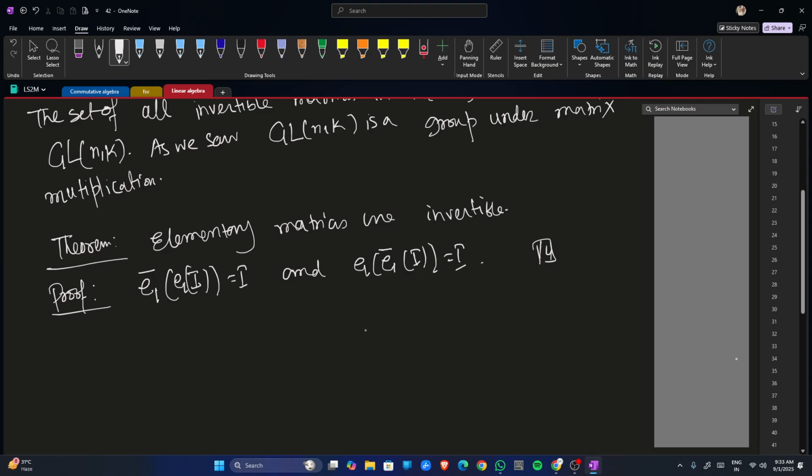You know what this means? Not E1, let's say Ei. So Ei bar is the inverse operation of Ei of the same type, of course. The inverse operation of an elementary operation is of the same type. Now complete the proof.